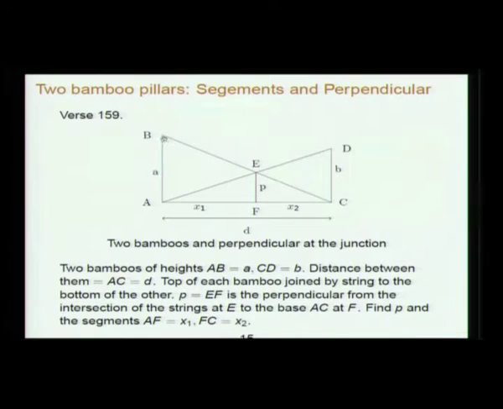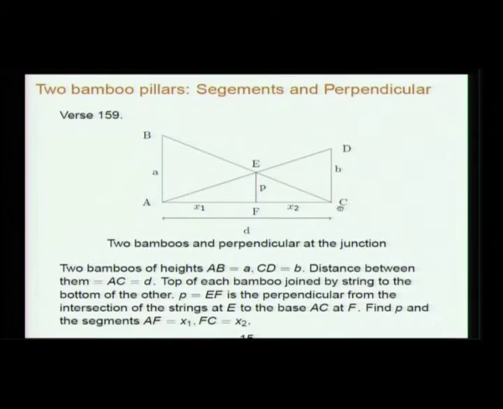Now the top of each bamboo is joined by string to the bottom of the other. So this is the situation, and P is equal to EF, a perpendicular from the intersection of the strings at E to the base AC at F. You have to find P and the segments AF equal to x1 and FC equal to x2.